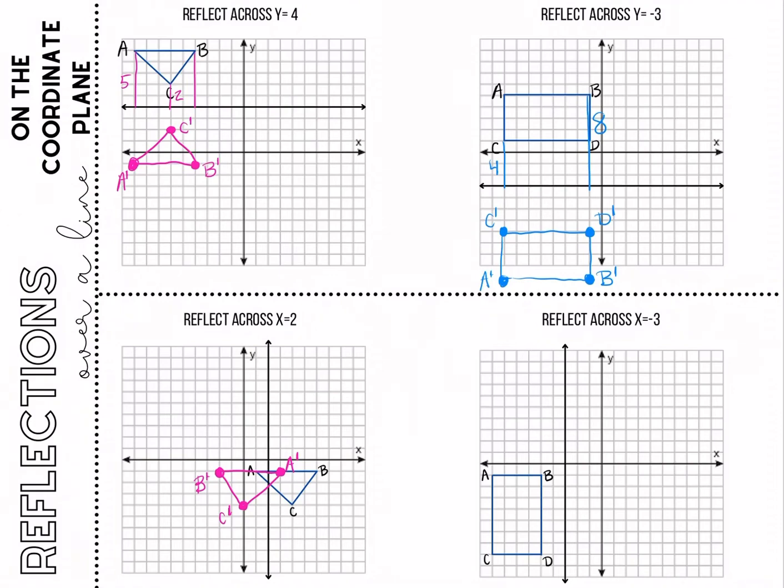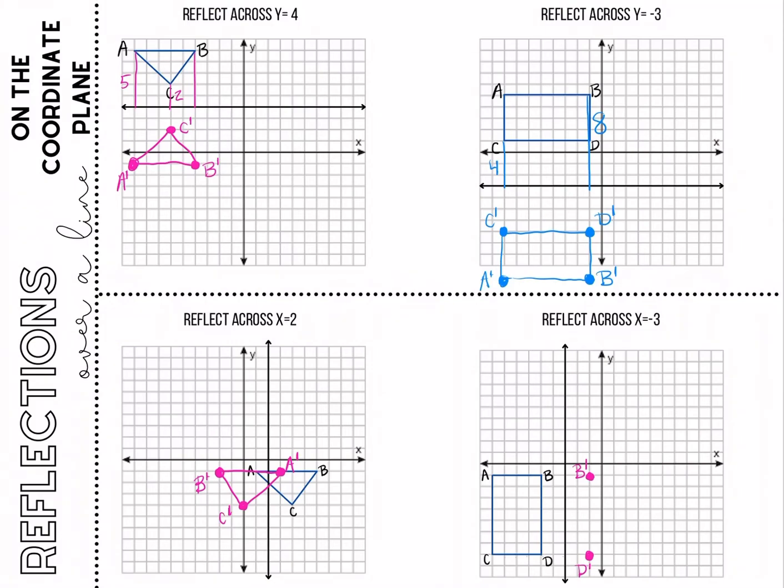Okay, and then our last one, so we have A, B, C, and D, and we're crossing x equals -3, which is right here. So B is 2 spaces, so I'm going to move 2 spaces for B. So that's B prime. D is the same distance, 1, 2, so D prime. Okay, C is 1, 2, 3, 4, 5, 6.